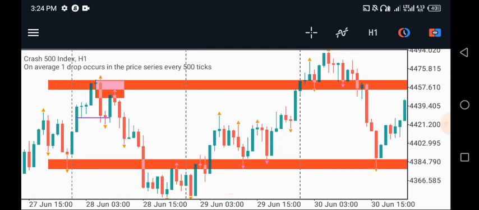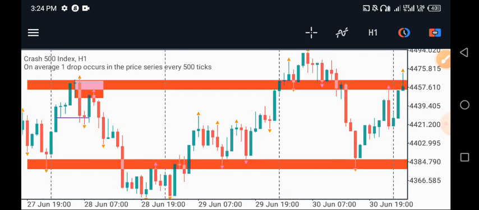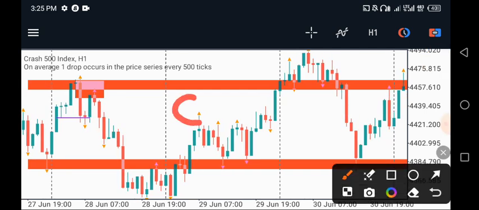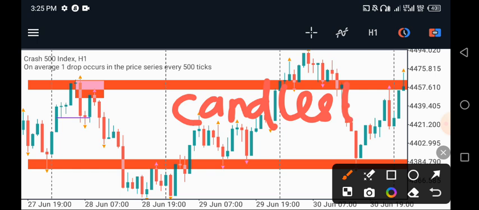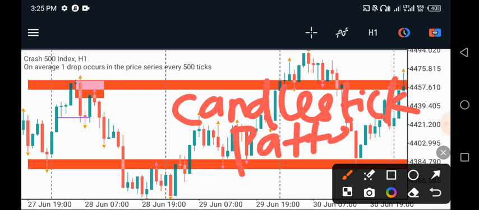The next thing you want to do is to understand candlestick patterns. There are particular candlestick patterns that we are going to be using to enter at the resistance and support level.